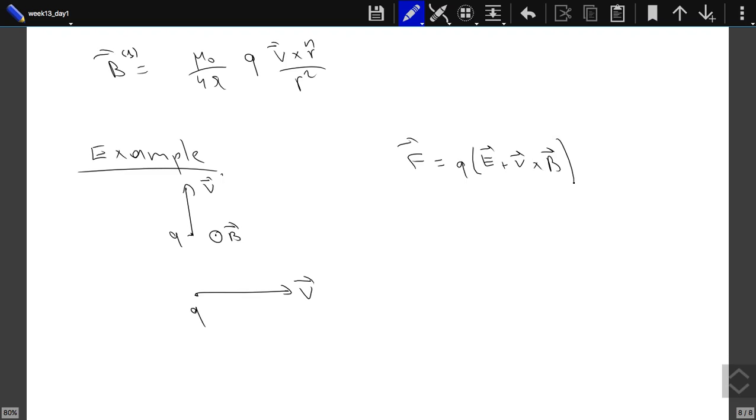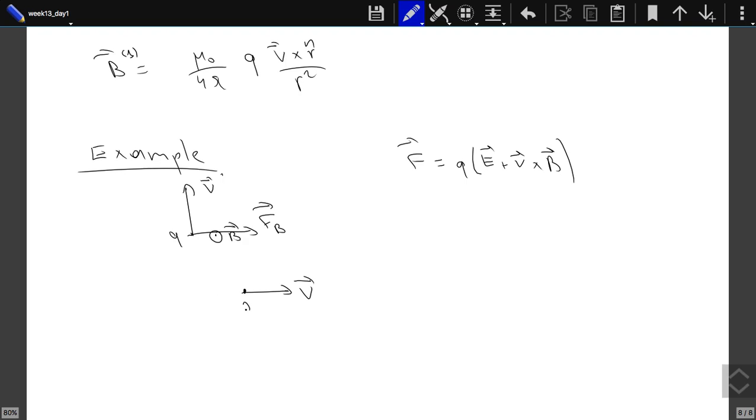What is the direction of the magnetic force? Right, to the right.